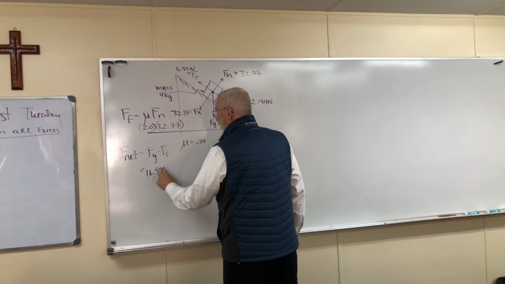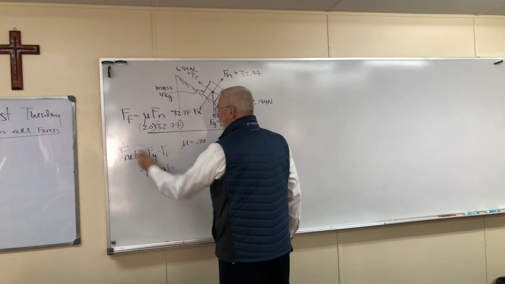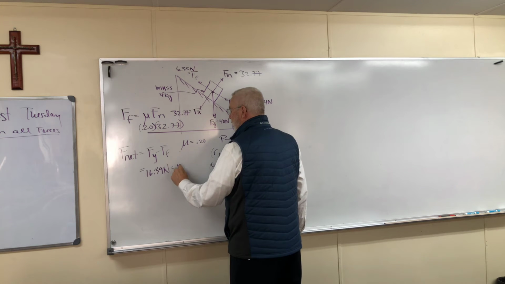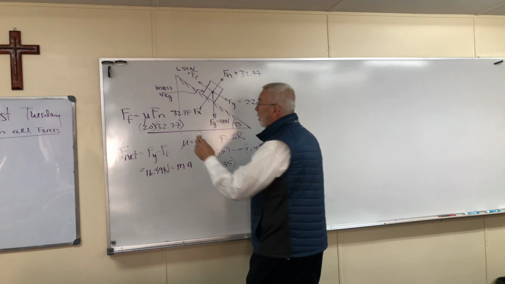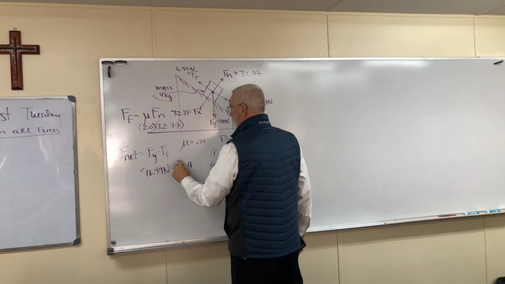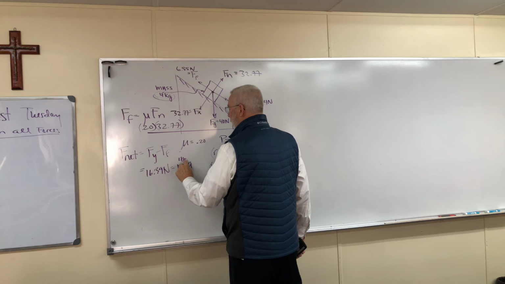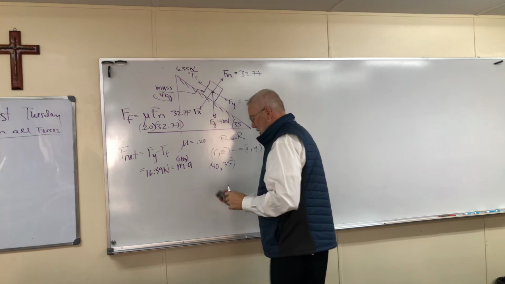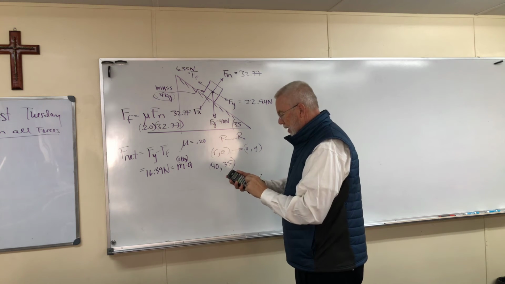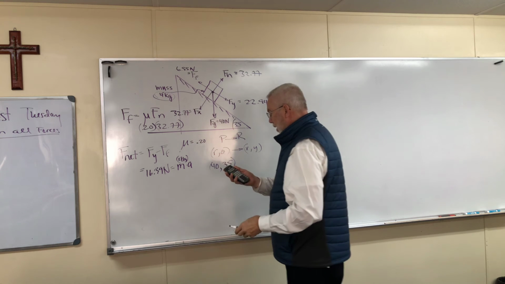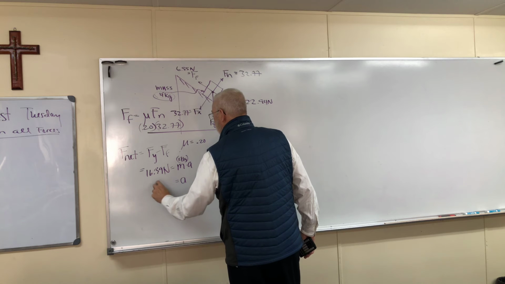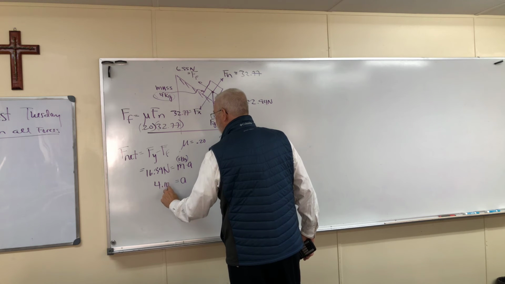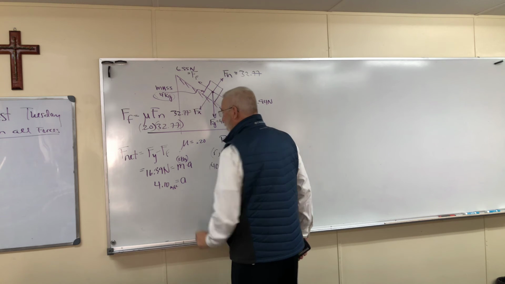And that's also going to be equal to the net force, which says that that's equal to M times A. And so we plug the mass back into this equation where it's a 4 kilogram object, and 16.39 divided by 4 is 4.10. So the acceleration is 4.10, and that's meters per second squared.